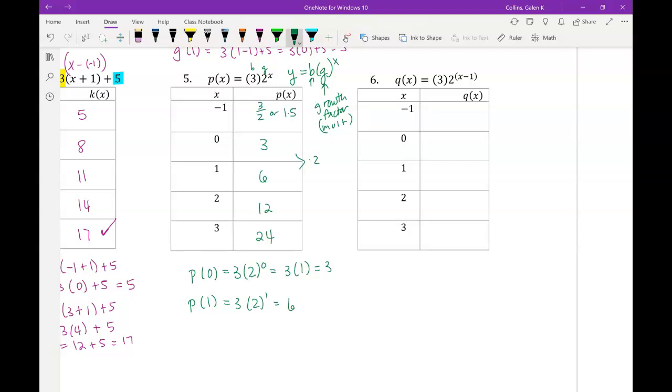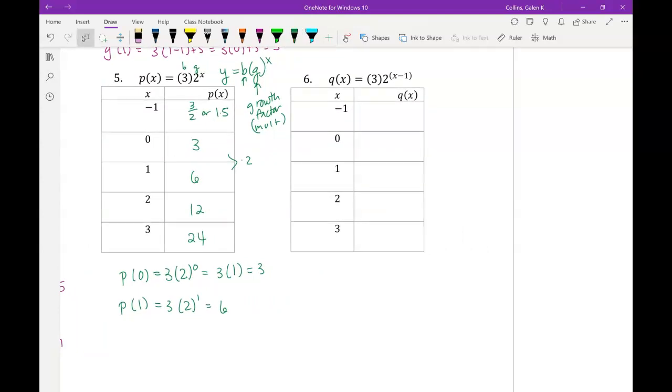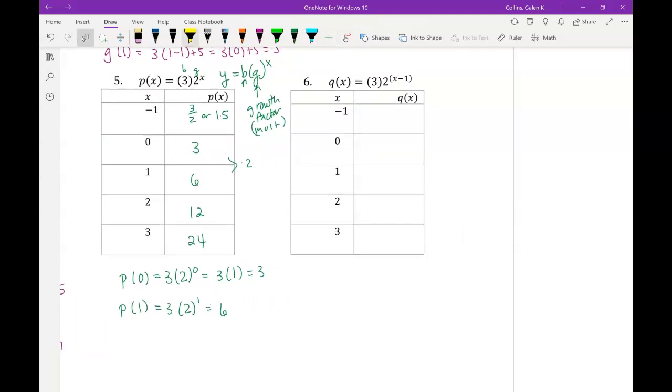So in number 6, I could use the same reasoning, that when I have x minus 1 here, instead of this number being my y-intercept like it was over here when this was essentially x minus 0, so I started with 0, I could now start with where x is equal to 1, and that is going to be my number 3.